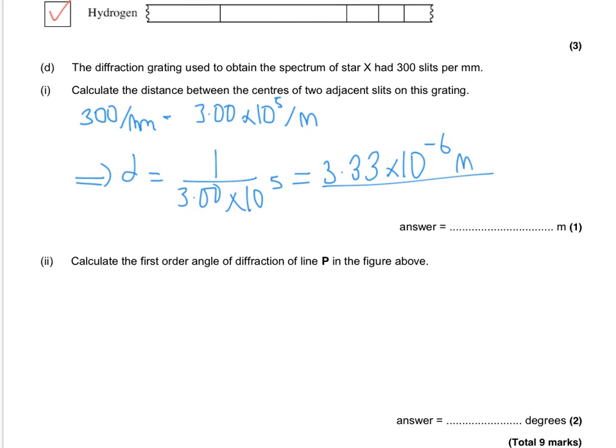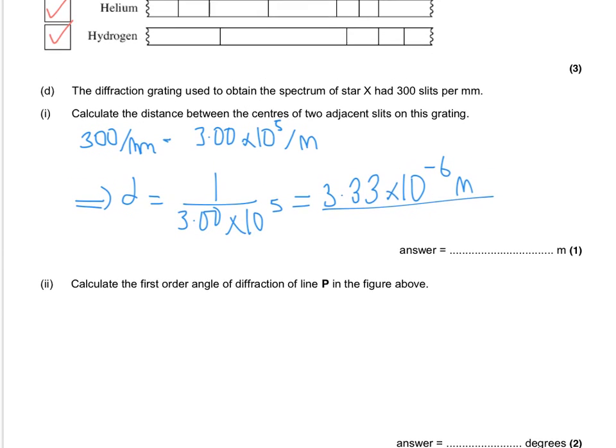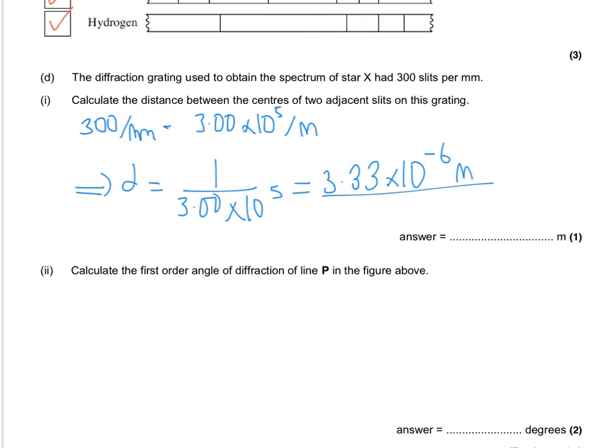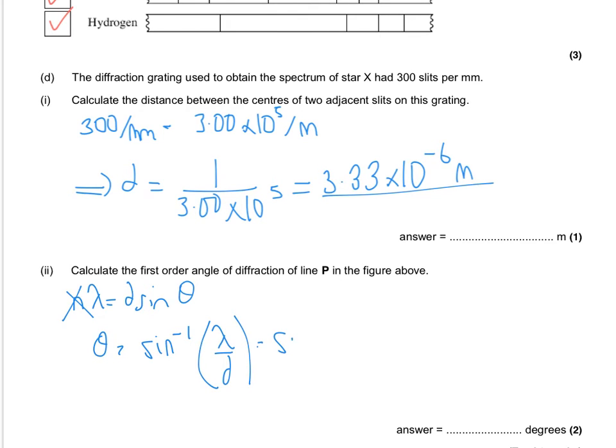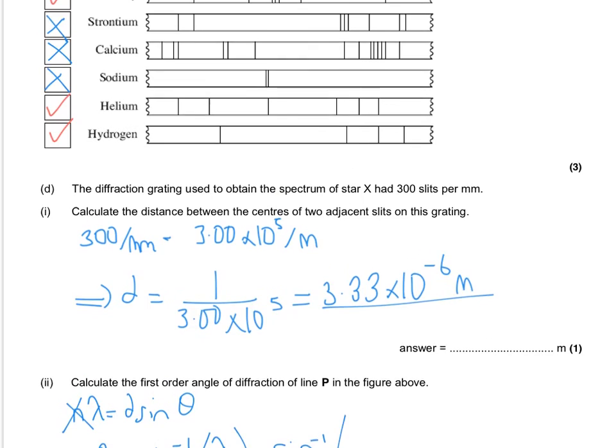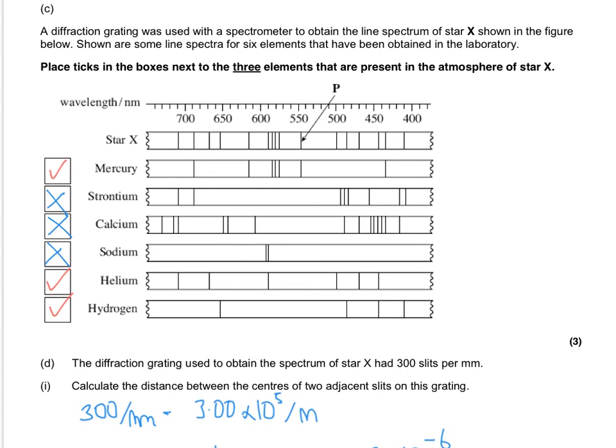We want to calculate the angle of the first order. So we've got n lambda is d sine theta as the general equation. We can get rid of the n because we're looking at the first order. So theta is going to be inverse sine of lambda over d. We need to look up where the peak is.